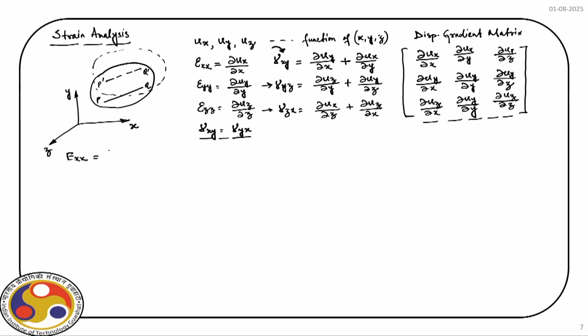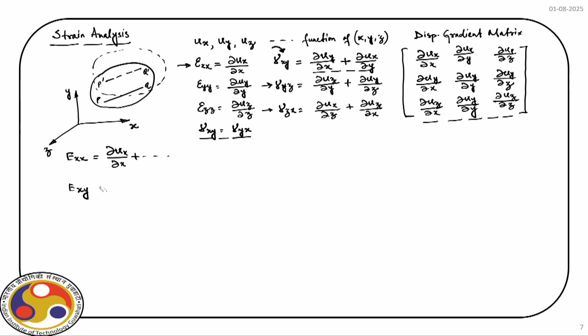So, the first one is again linear, what we have already written here, plus we have some higher order terms which I am not writing, you already have it. Similarly, for capital E YY and ZZ, and then finally also for the shear term capital E XY, we have identified the first part, the linear part, plus the higher order terms, right. These are the expressions we derived in our last class.